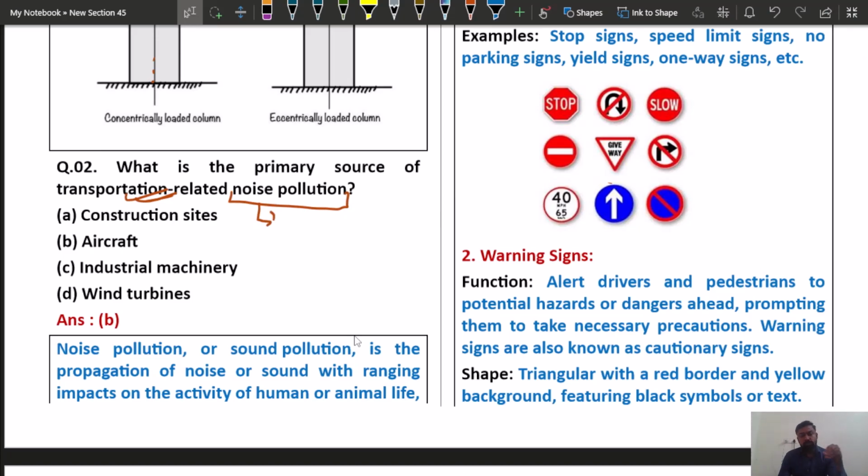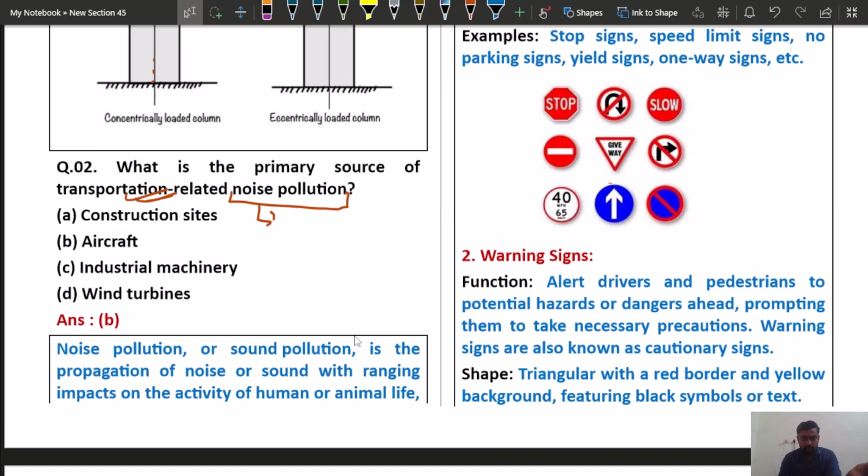Noise pollution is also called sound pollution. If the level of the noise is at that level which impacts the activity of human life and causes some adverse effect, this noise produces pollution, and this pollution is called noise pollution.